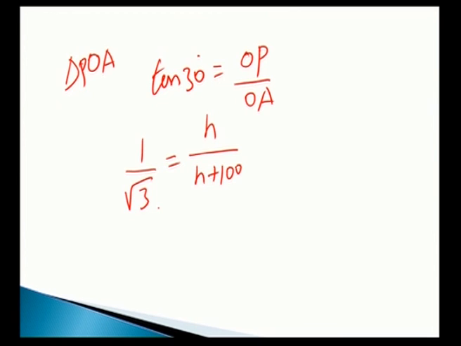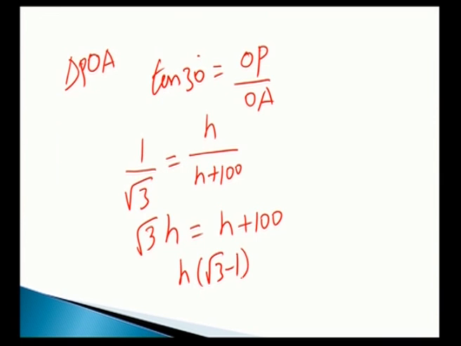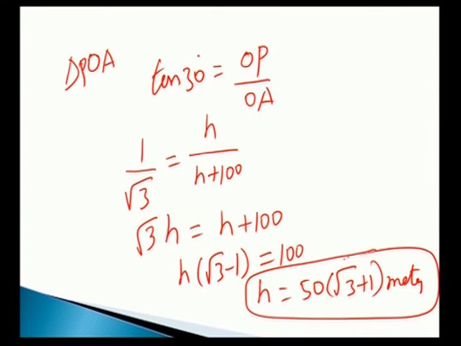Then manipulating this, we get root 3 h is equal to h plus 100. Further simplification gives h into root 3 minus 1 is equal to 100. Further simplification gives the value of h as 50 into root 3 plus 1 meter. This is the height of the chimney in the given problem.